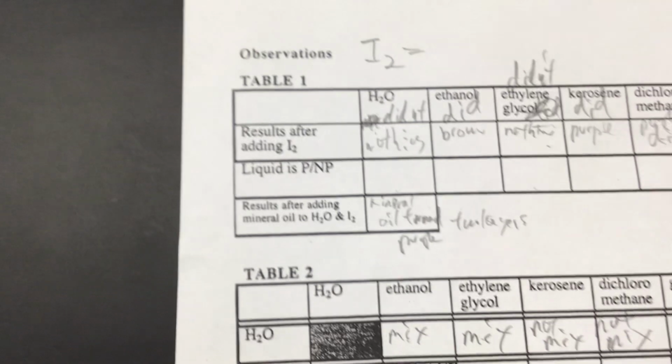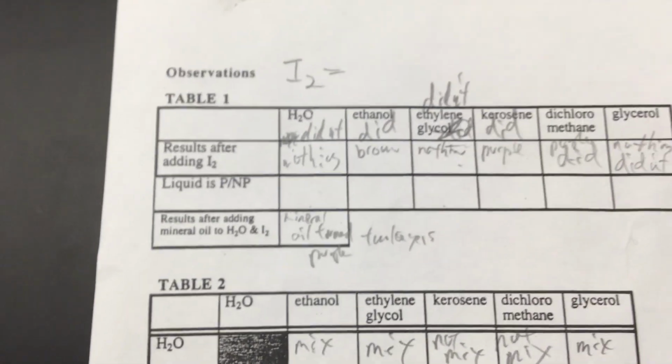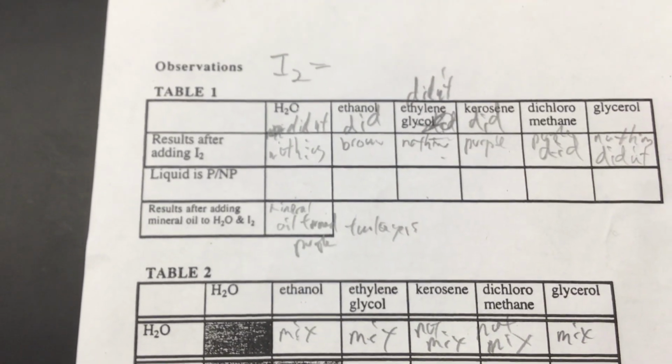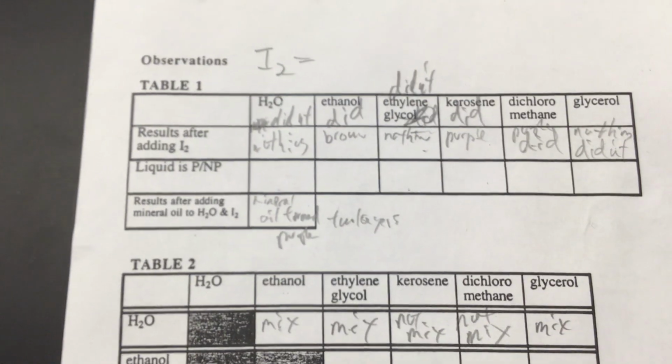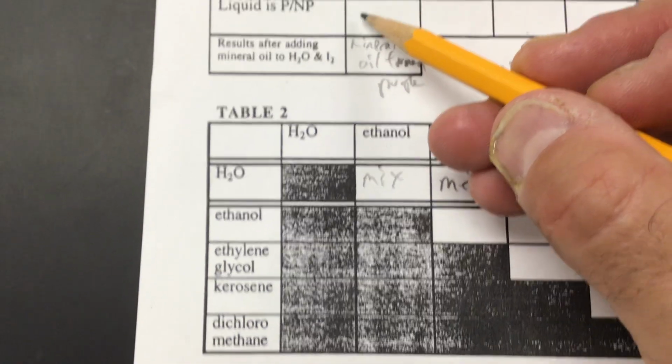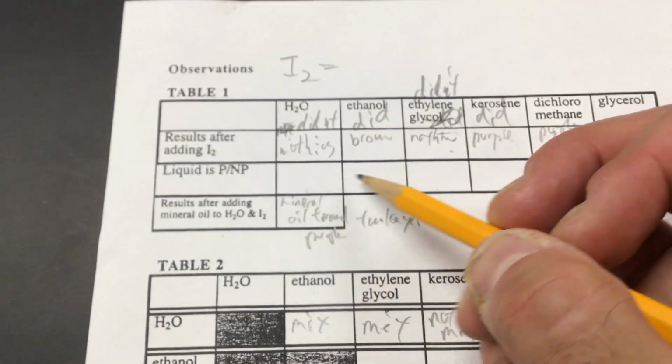So based on our understanding of iodine, which we talked about in class, you'd have to go watch the video on iodine. Based on that, you need to predict whether they are polar or nonpolar.